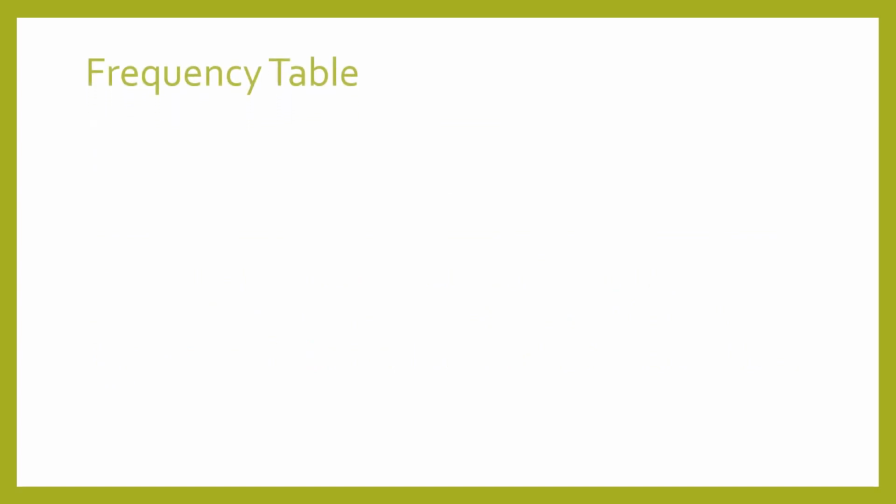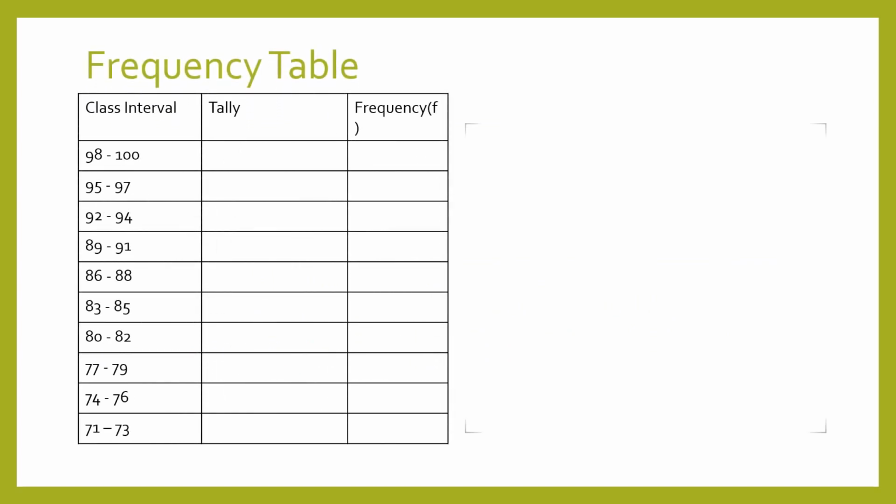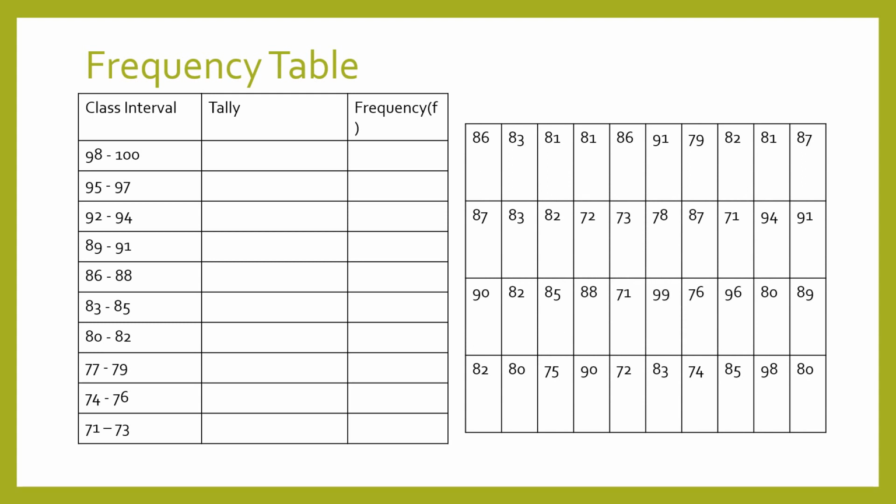Alright, so let's make a frequency table out of the scores. From 98 to 100, let's count: 1, 2, only two.